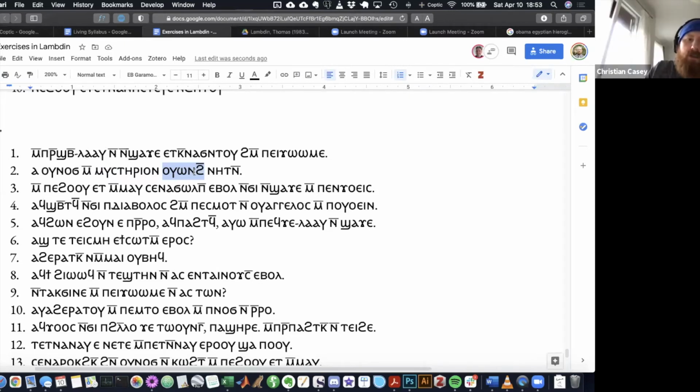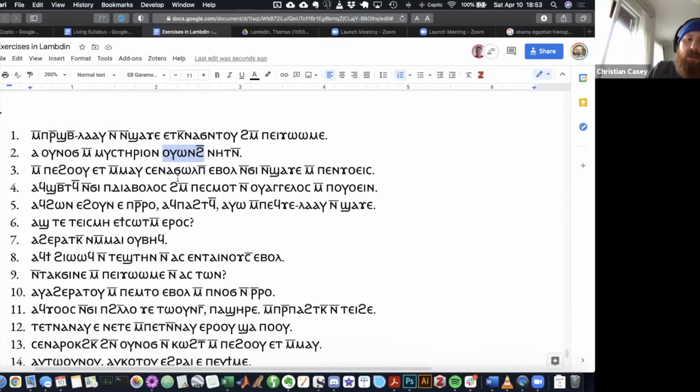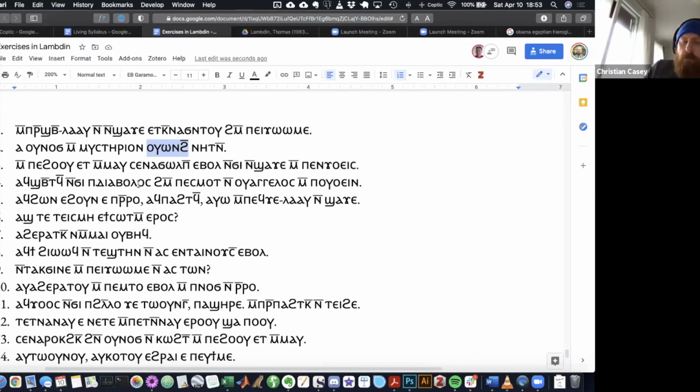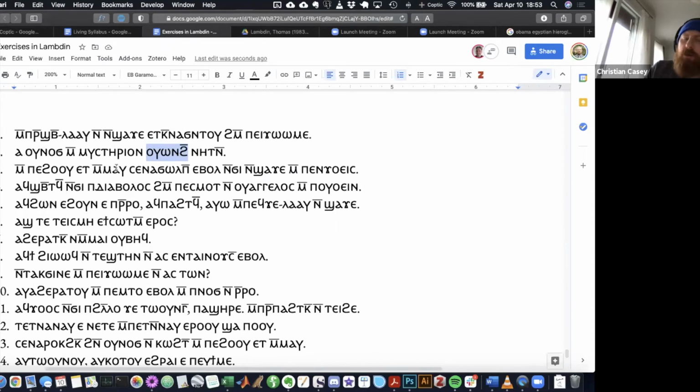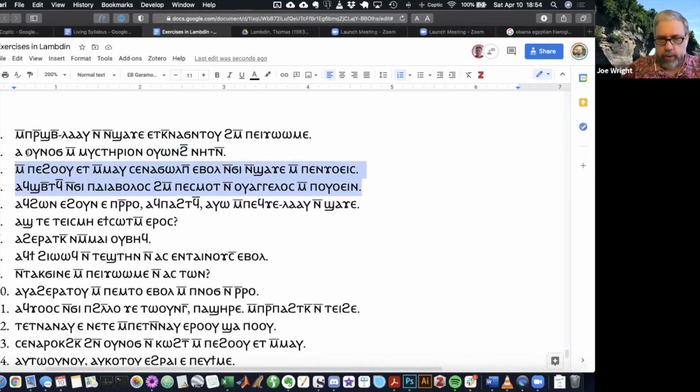And then translating wonach when it's used intransitively like this is always difficult. But a lot of translations will say like a great mystery was revealed to y'all. Or you could say appeared. It's like manifested. Yeah, it was revealed. I like that. Okay. Let's see. Number 3: Mpeha'u et mao se nacholep ebol nchi nshaje penjois.